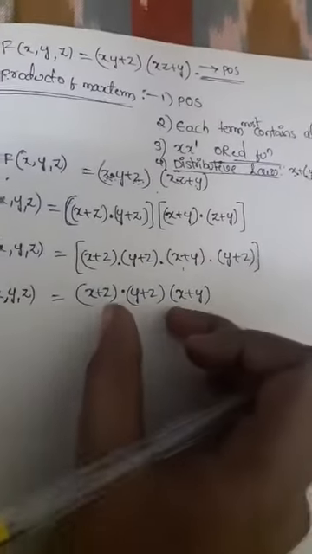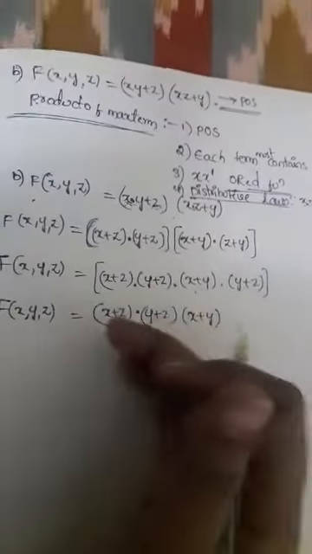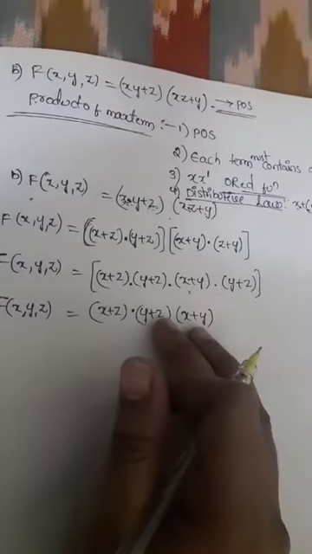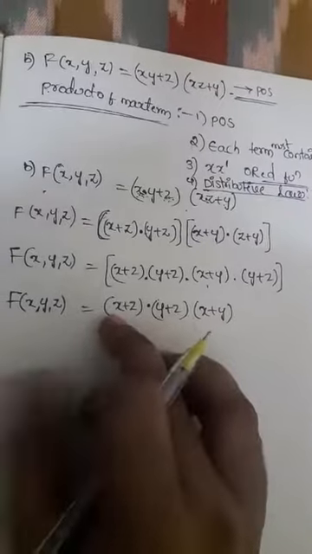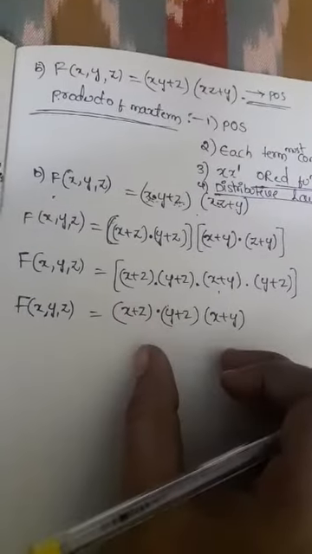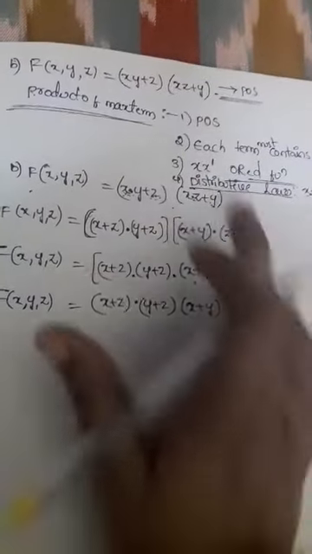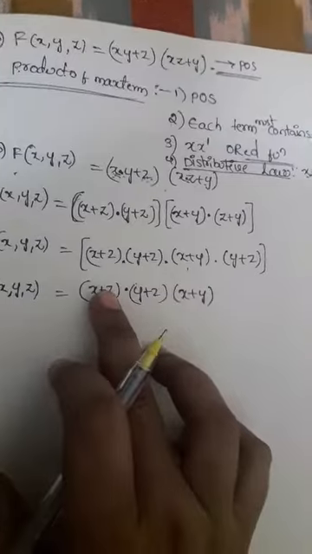Okay, so now is this in POS form or not? Now we'll check it. Finally we get the product of max terms equation, that means a POS equation. Now check whether this equation satisfies these rules or not. The first rule is whether it is POS or not. It is already POS, right? That is clear. And what is the second thing? Each term must contain all variables.